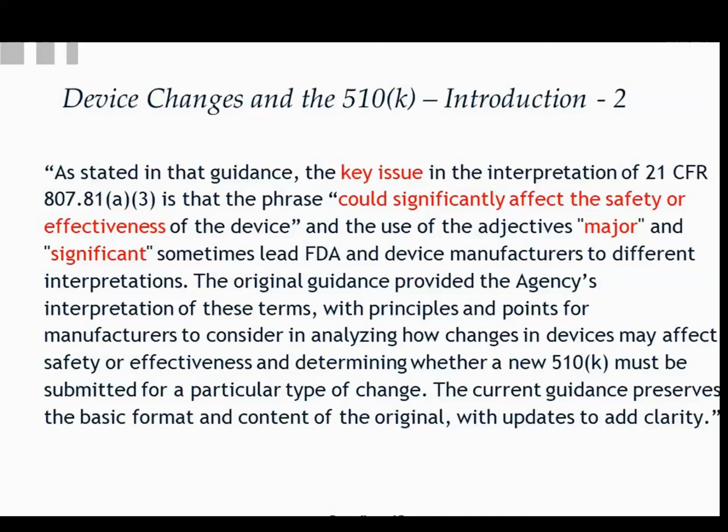So you notice manufacturers and the FDA sometimes come to different interpretations. But the FDA expects you to do an honest evaluation, supporting it hopefully with a risk management document, including a hazard analysis and various risk management tools such as FMEA, FMECA, fault tree analysis, etc. And then come up with values that indicate it was minor or major.